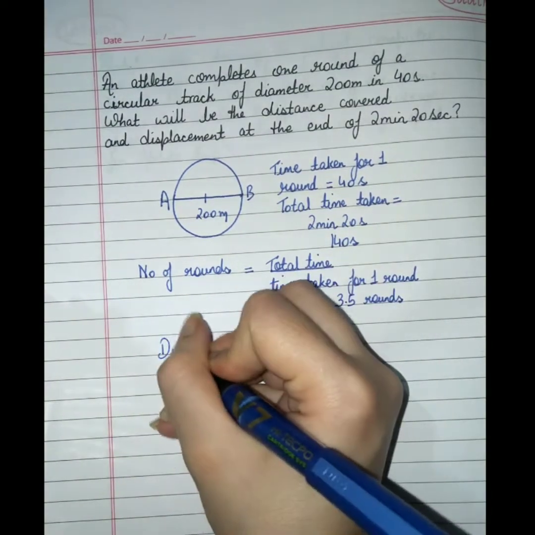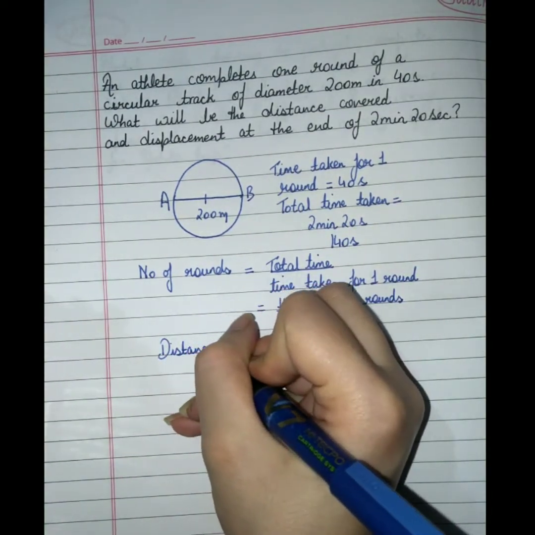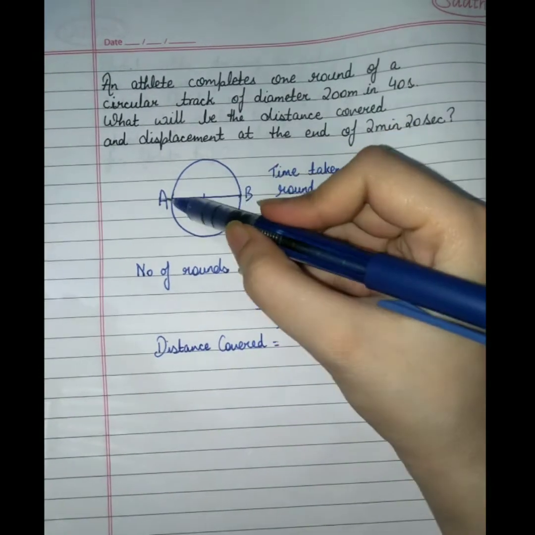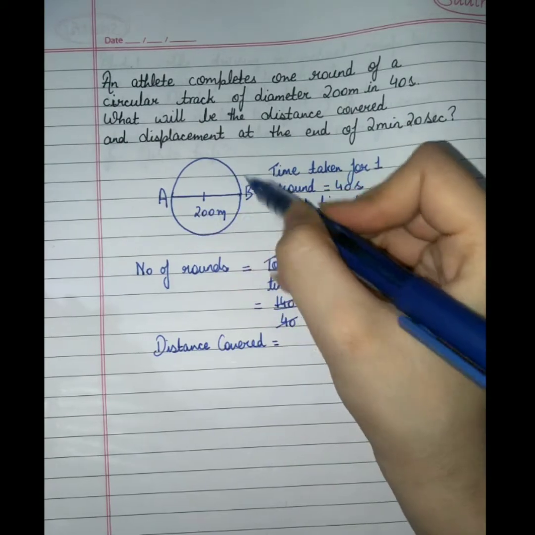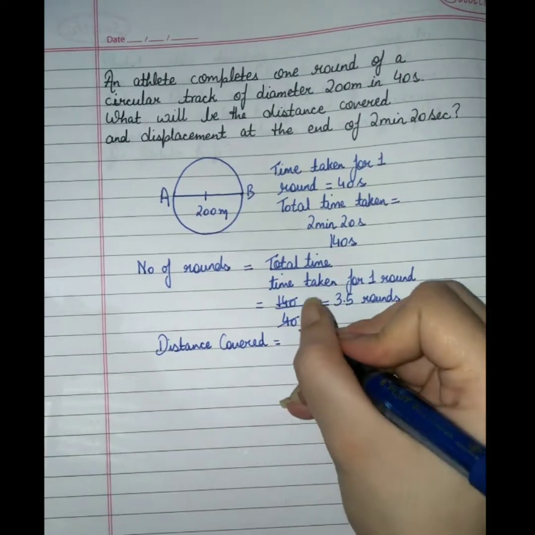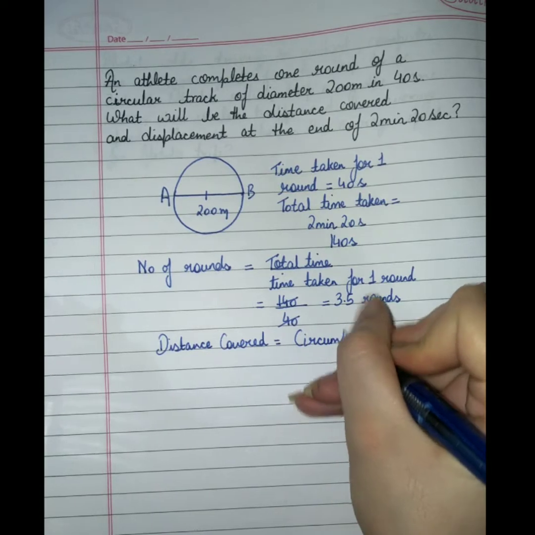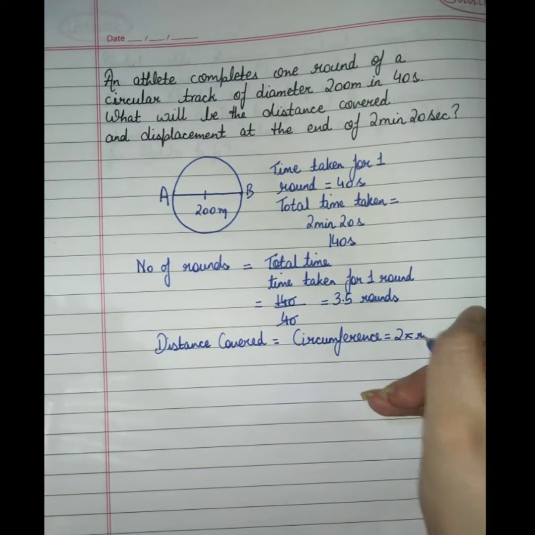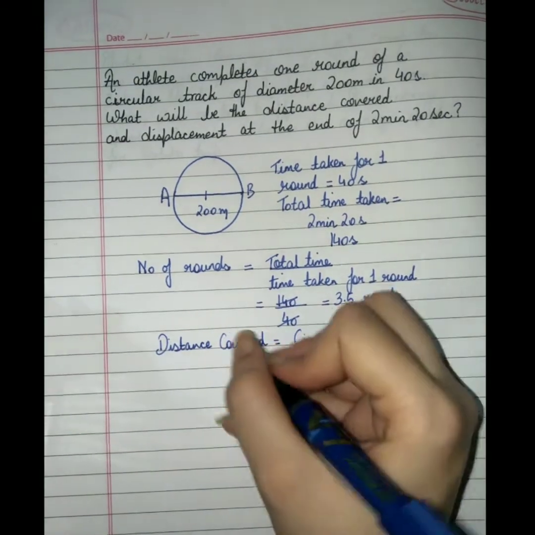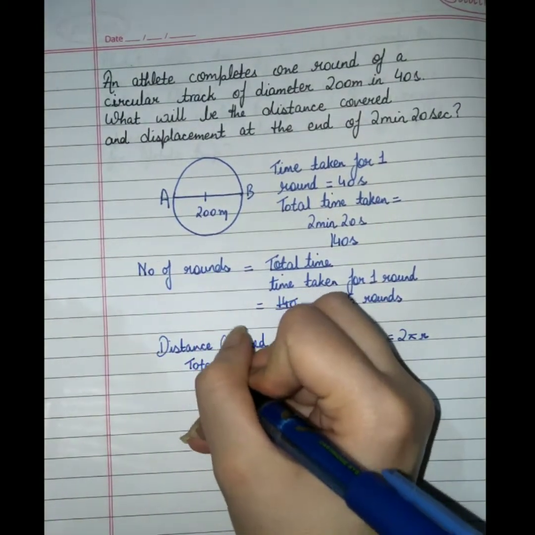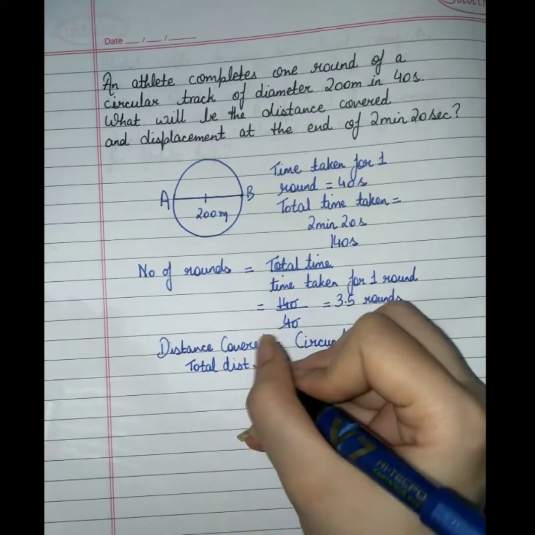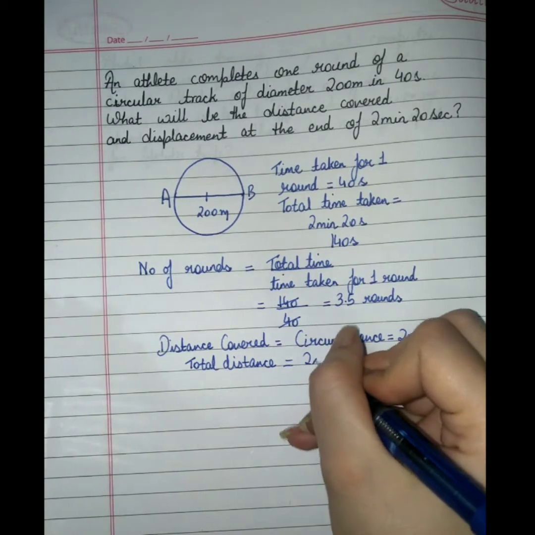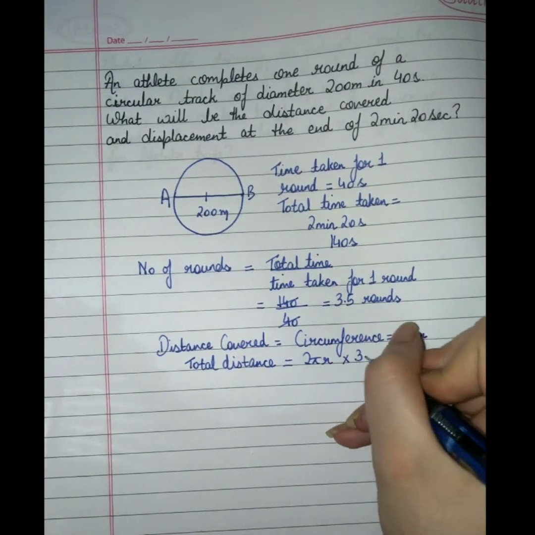We also know the distance covered in one round. What would be the distance covered in one round, students? It would be the boundary of the circle. And what is the boundary of the circle? It's the circumference. So distance covered is equal to circumference, which is 2 pi r. This distance covered is for one round, and total distance would be 2 pi r into 3.5.